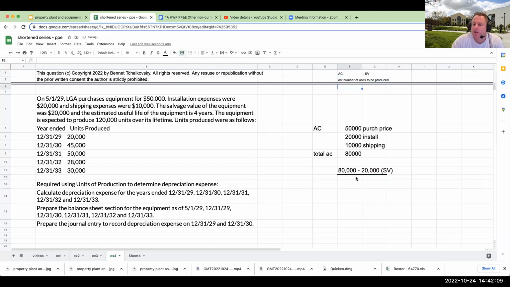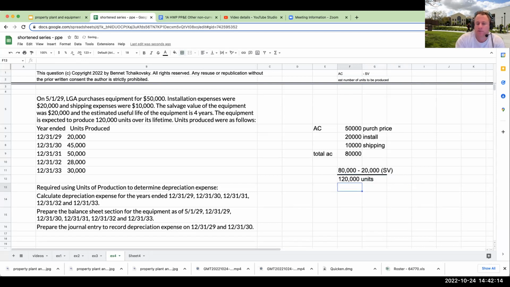So I'm going to divide this by 120,000 units. This is 60 divided by 120, which gives me a rate of 50 cents per unit. For every unit that I depreciate, I'm going to take 50 cents worth of depreciation.